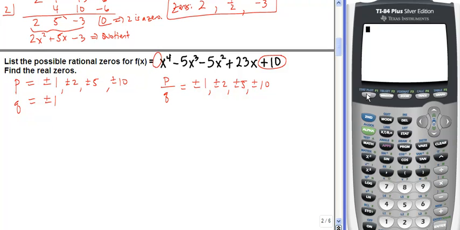So here's what we would do. We would go to our y equals, and we're going to type in this 4th degree polynomial. So x to the 4th minus 5x to the 3rd minus 5x squared plus 23x plus 10.